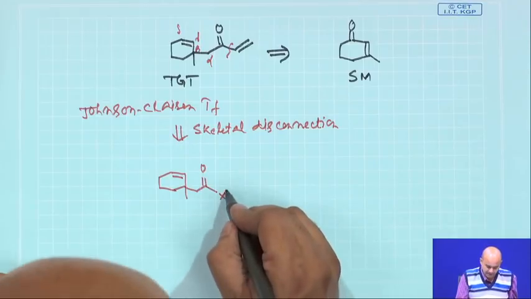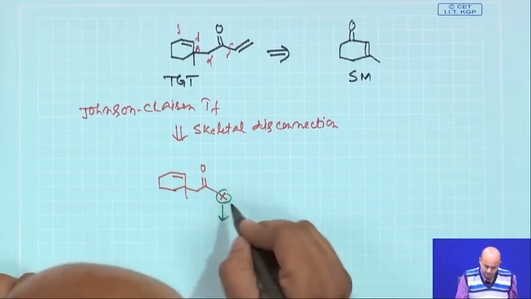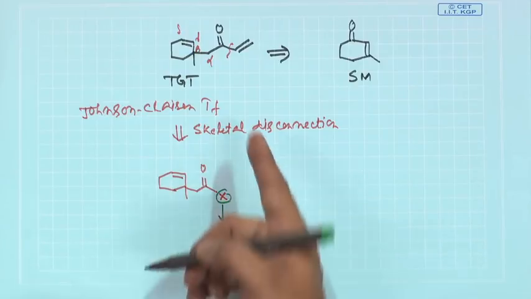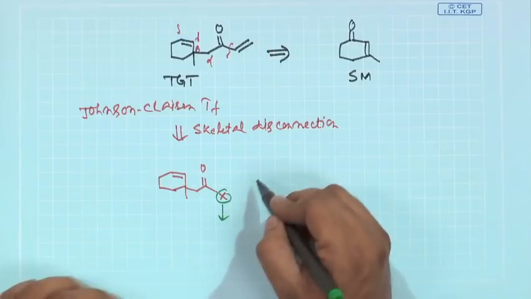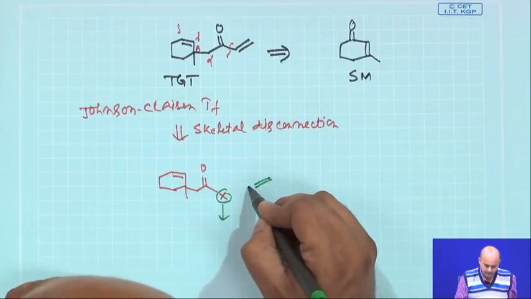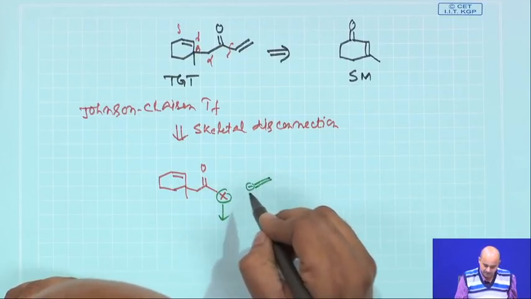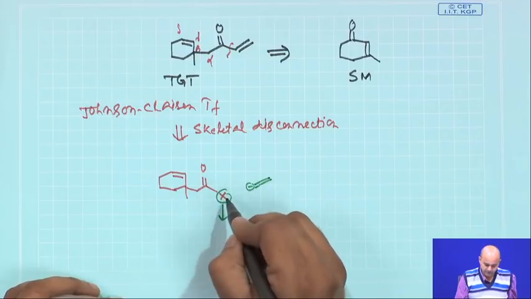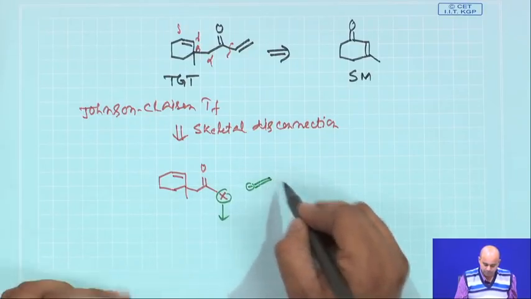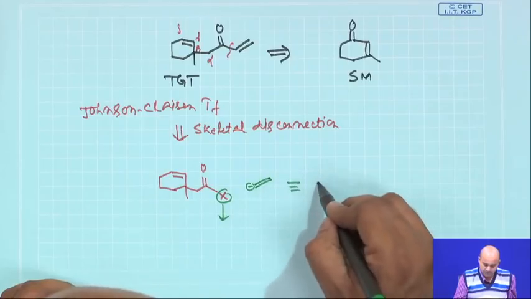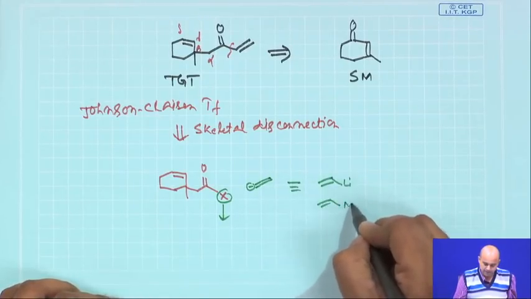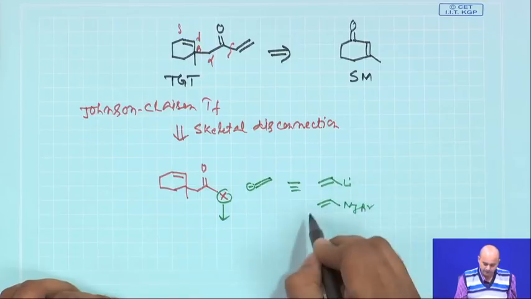Now, I say this X should be something which will only accept one equivalent of vinyl lithium or another vinyl species. Basically, you need a vinyl species here, which could come from vinyl lithium or vinyl magnesium bromide, is it not?